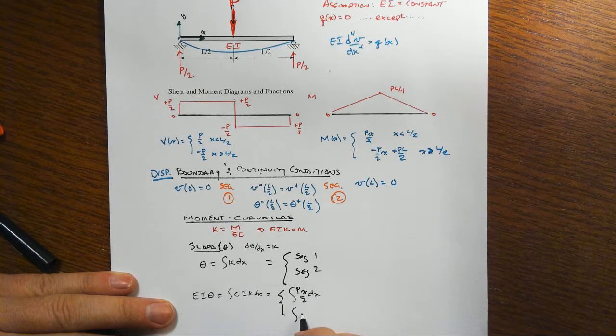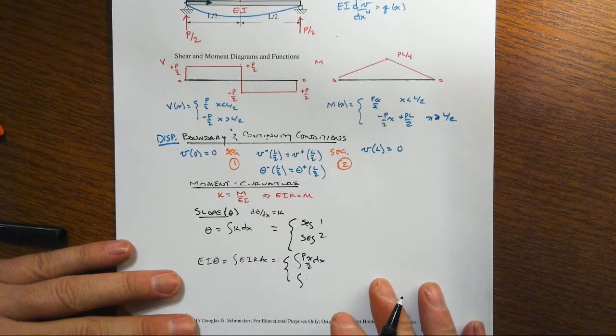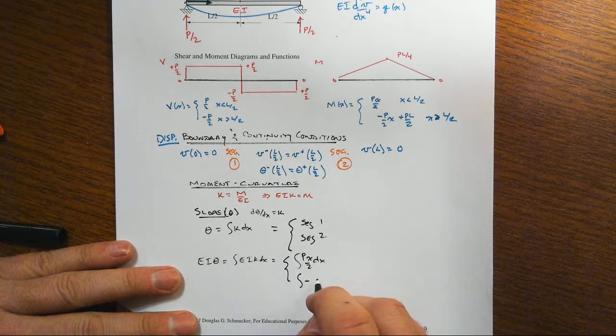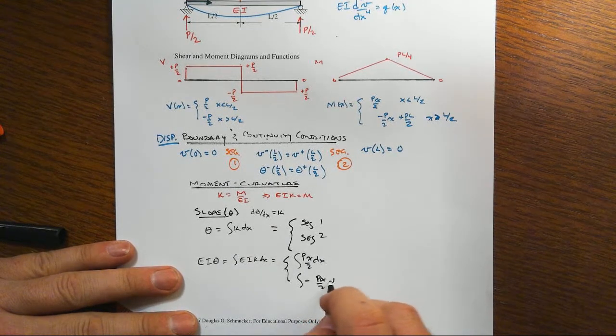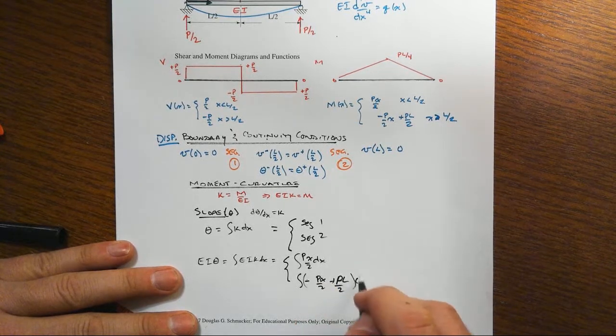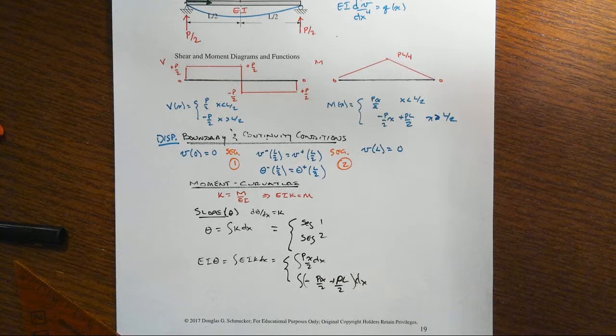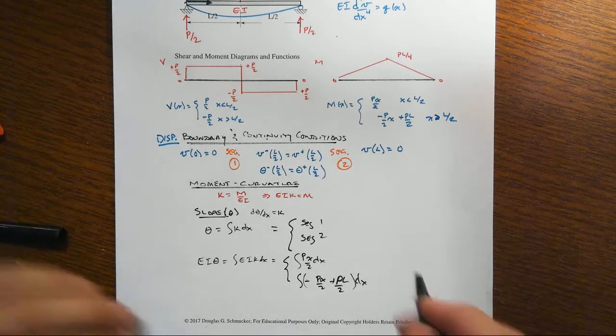The second one would be then the integral of minus Px over 2 plus PL over 2, all of that times dx. Right? A little bit easier to work with when you do it that way.